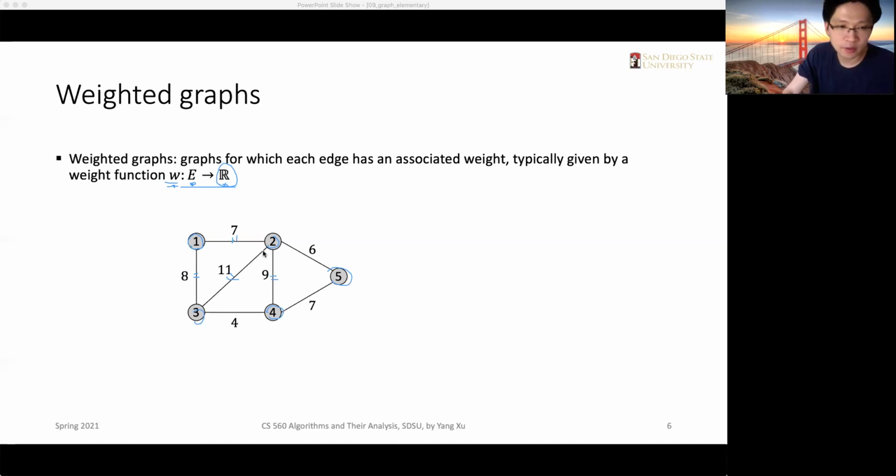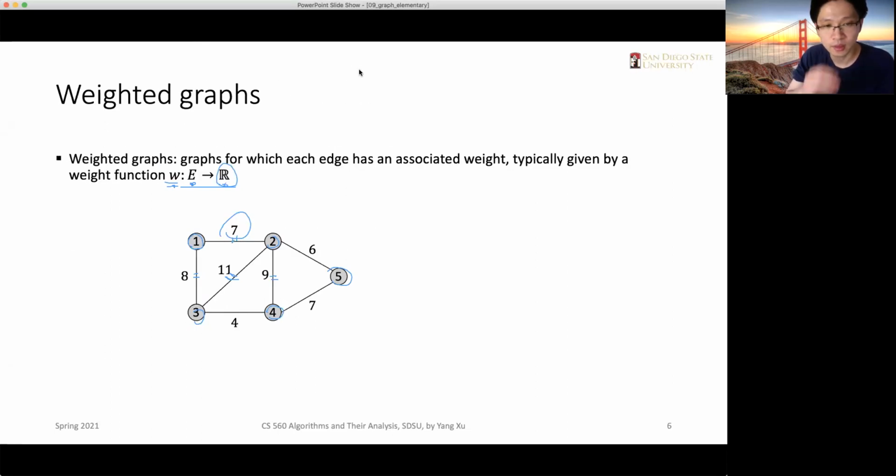Like if you think of these weights as the distance between two cities, right? Then you can say that between city 1 and city 2, it takes maybe 7 hours to travel, right? So these numbers have specific meanings, and could be different meanings.